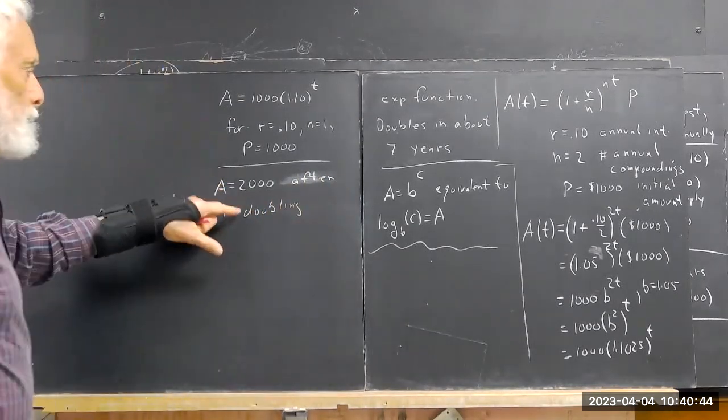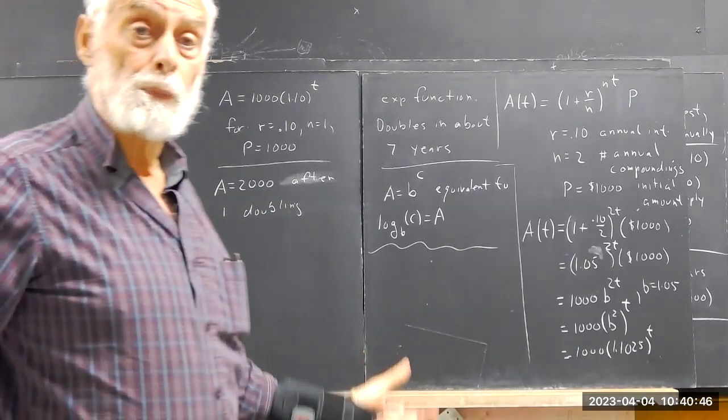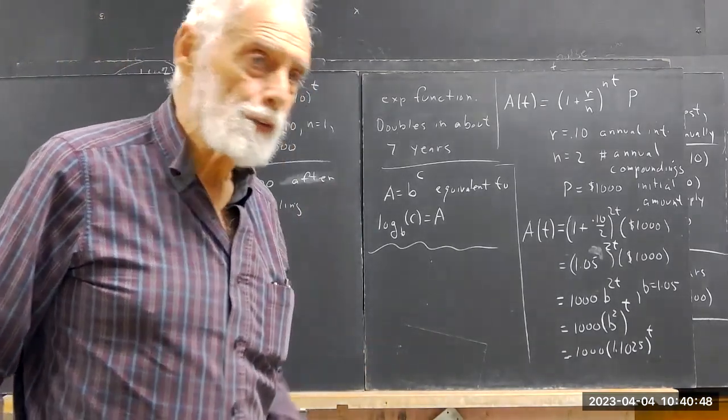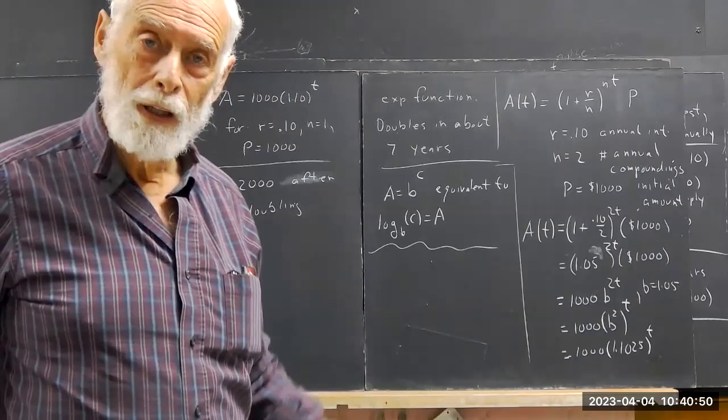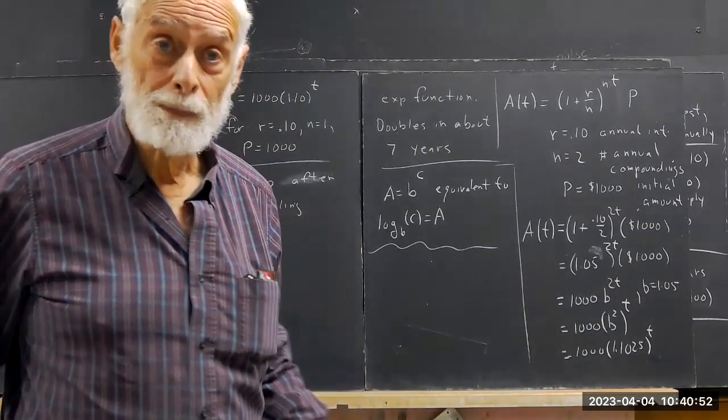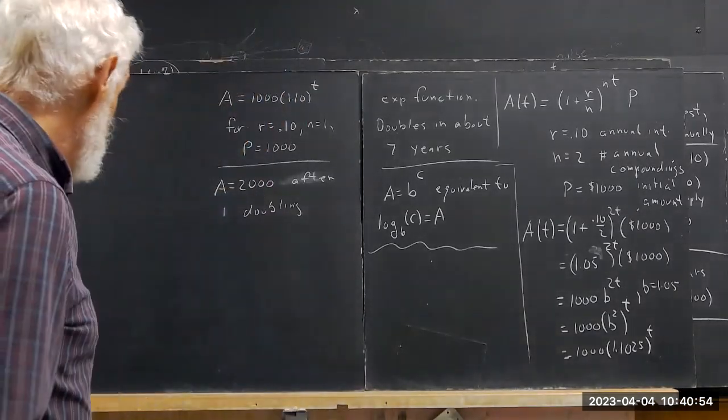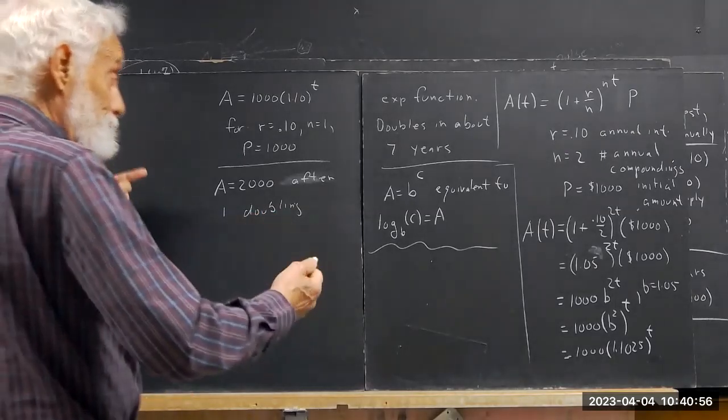Well, it's then going to be 2,000 after it doubles once. It'll be 4,000 after it doubles twice. It'll be 8,000 after it doubles 3 times. Because every time it's right before it doubles.